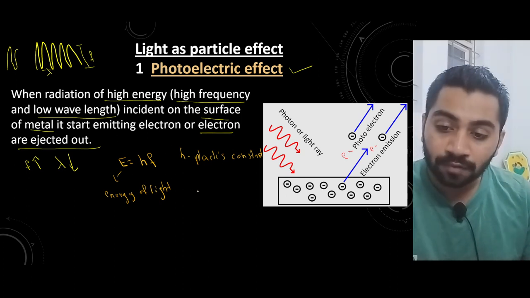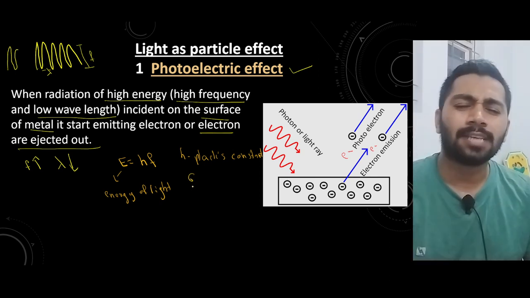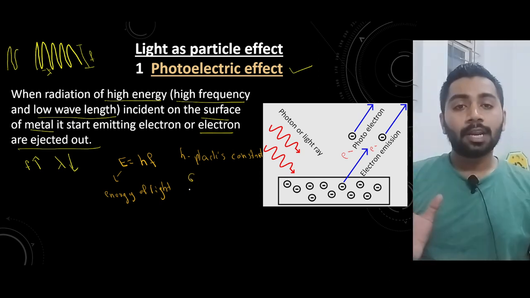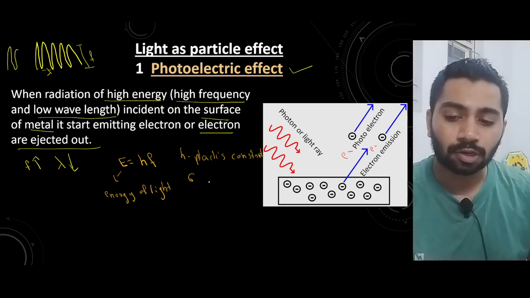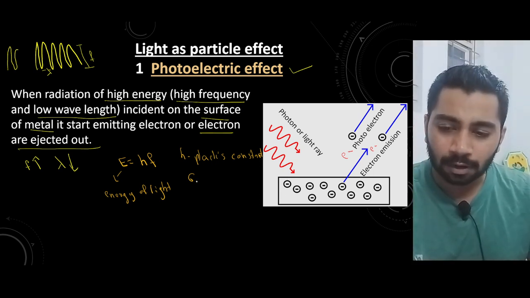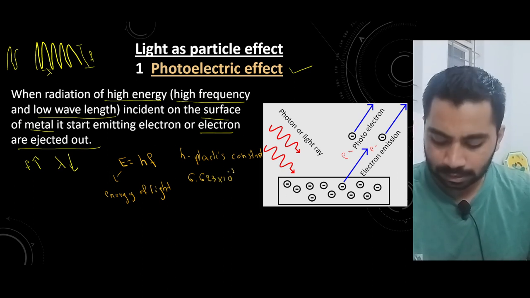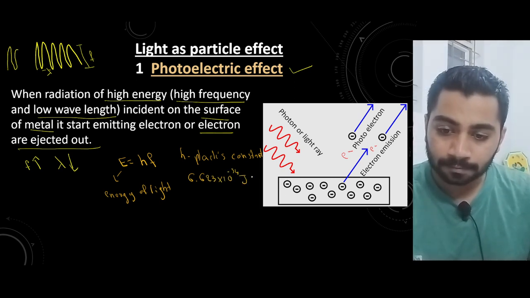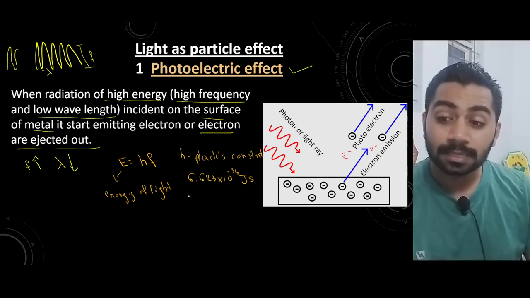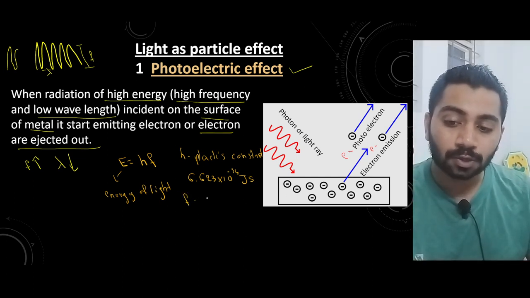Planck's constant, whose value is approximately, not exact. Until now no one has found the exact value of Planck's constant. So it is 6.623 into 10 to the power of minus 34 Js, joule seconds. Very simple. And f is equal to frequency.